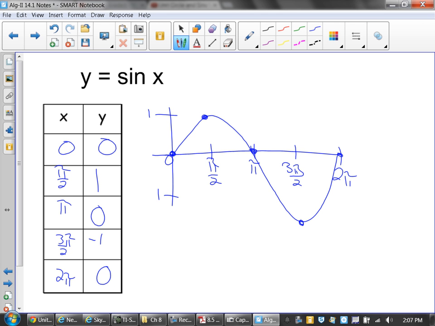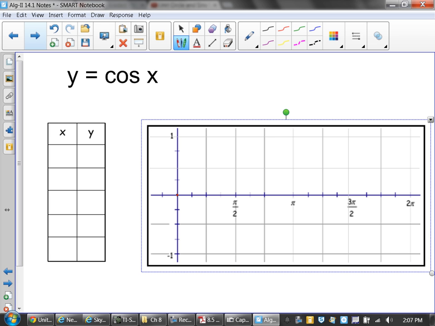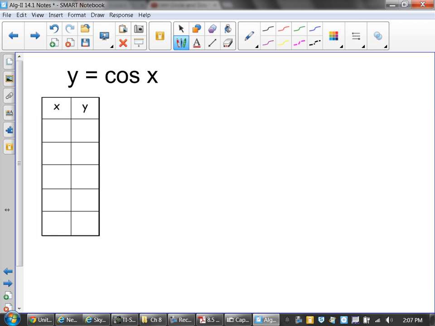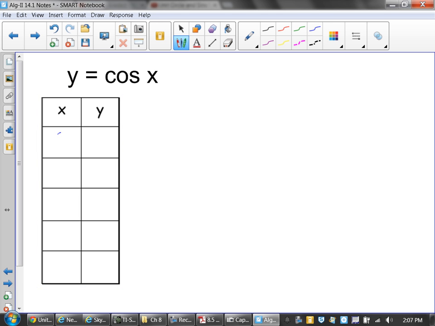Same thing with cosine. When I'm working with cosine, at 0, what is cosine equal to? 1. Start at 0, go to my quadrantals.